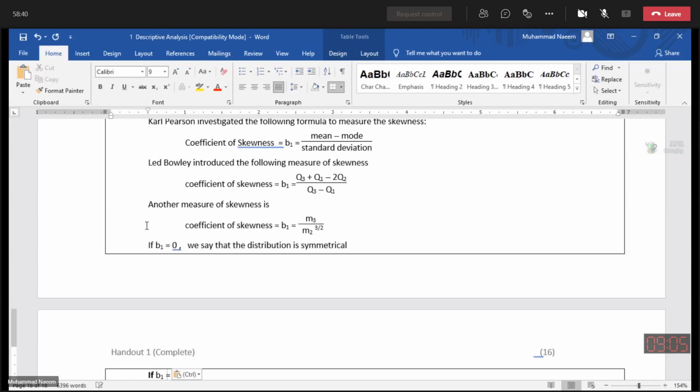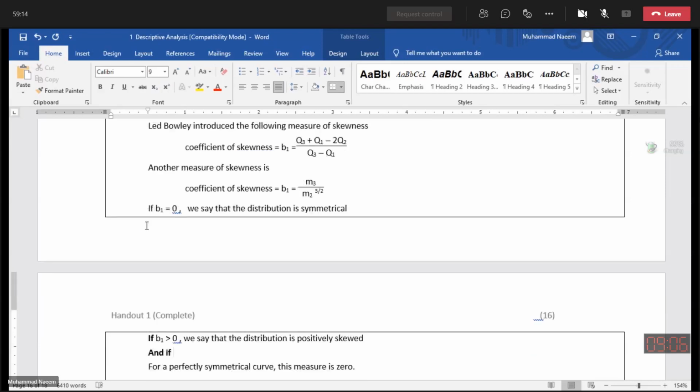If B1 is greater than 0, that means we say that distribution is positively skewed, and if B1 is less than 0, meaning negative, then the distribution is negatively skewed.